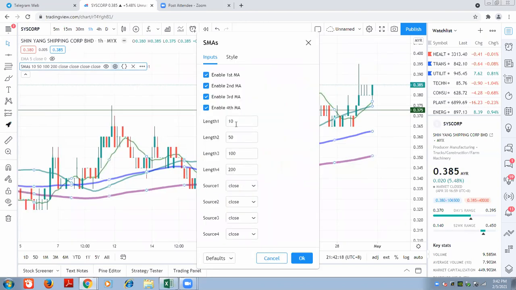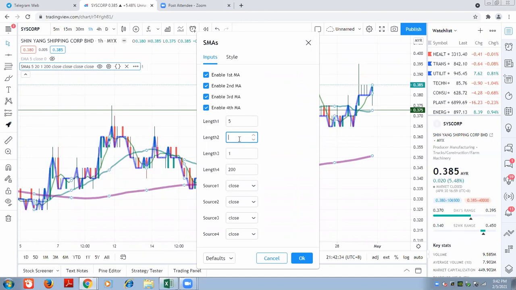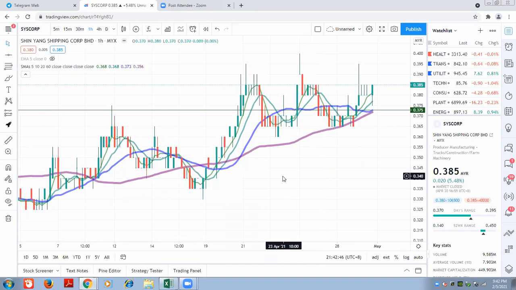Go to the settings. Okay, I'm using MA5, MA20. This is the intraday setting. MA10, MA20, MA60. Okay, MA60.